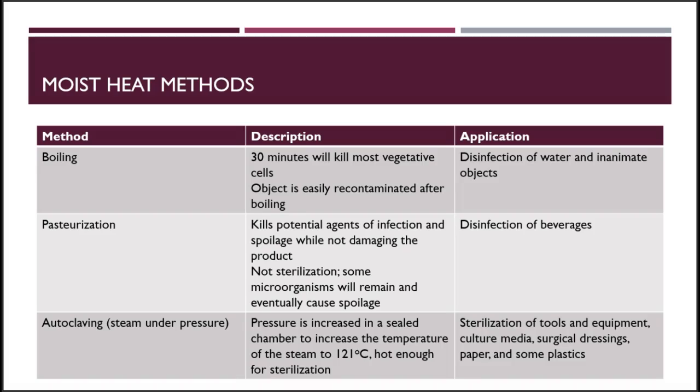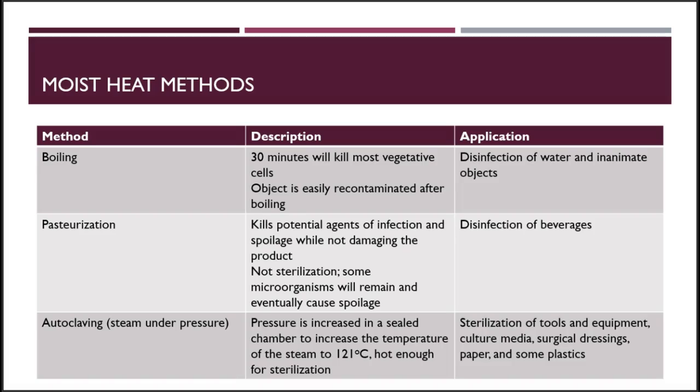The final process that uses moist heat is autoclaving, and this is high temperature steam under pressure. The pressure is controlled and increased by creating steam in a chamber that can then be pressurized. And that increased pressure also increases the temperature.